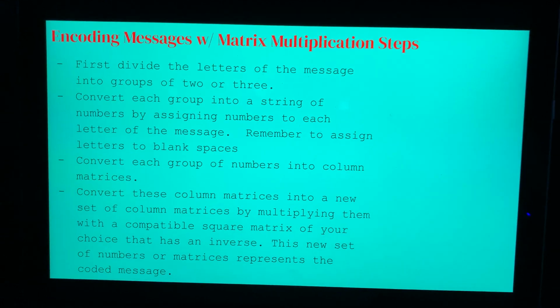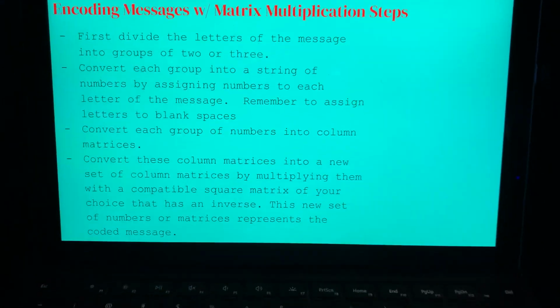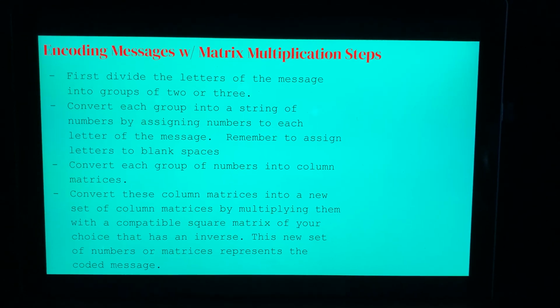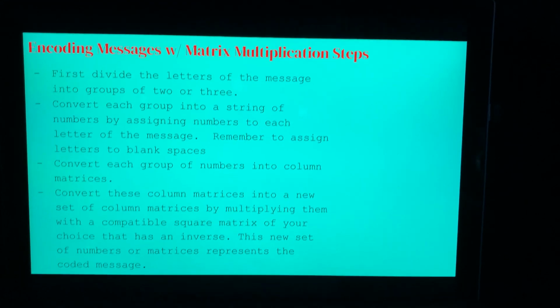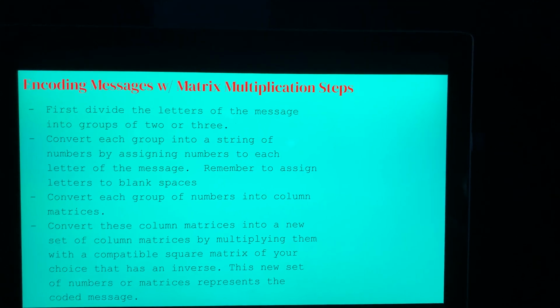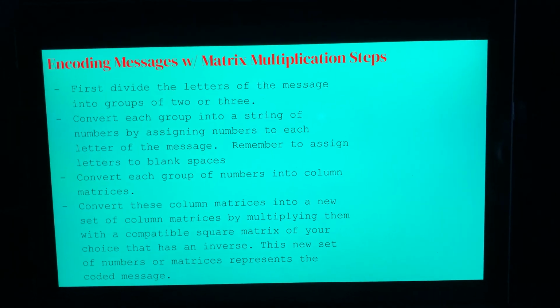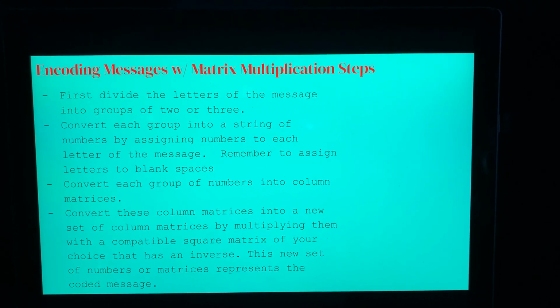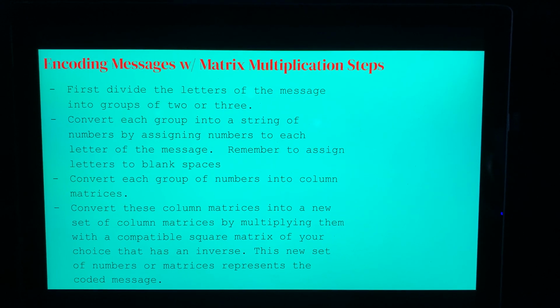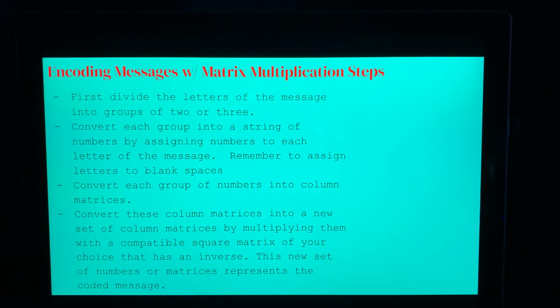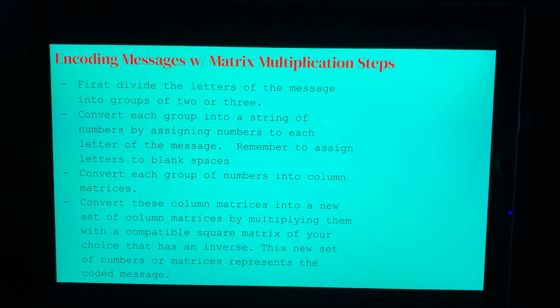So here are the steps for encoding messages. First, divide the letters of the message into groups of 2 or 3, which you choose depending on whether you want to do a 2 by 2 matrix or a 3 by 3. Next, convert each group into a string of numbers by assigning numbers to each of the letters in the message. Remember, that's what we did: A equals 1, B equals 2.